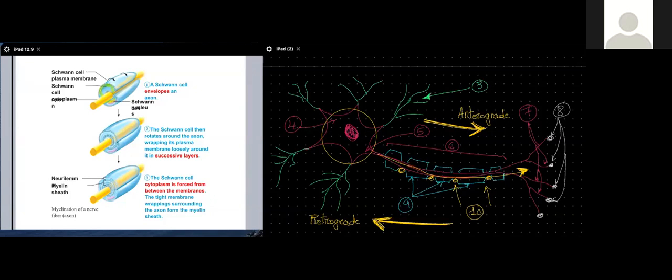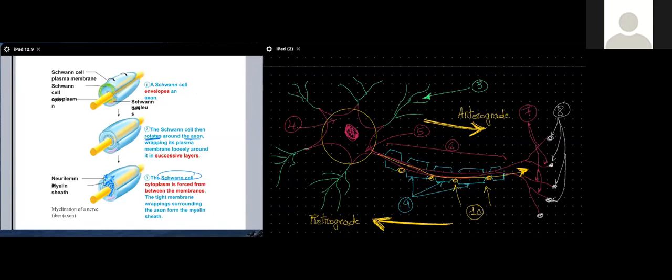This lipid is simply the plasma membranes of the Schwann cells. So in order for you to cover the axon, one Schwann cell is going to be rotating around the axon, wrapping the plasma membrane, and will squeeze out its cytoplasm. So the remaining part of the cell is going to be simply the plasma membrane.